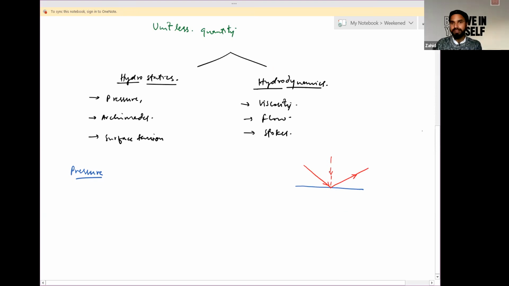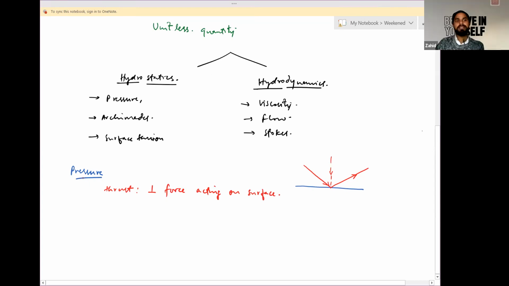If force is applied on a surface perpendicular to it, then that force is termed as thrust. So thrust is perpendicular force acting on a surface. Is it clear? Yes.